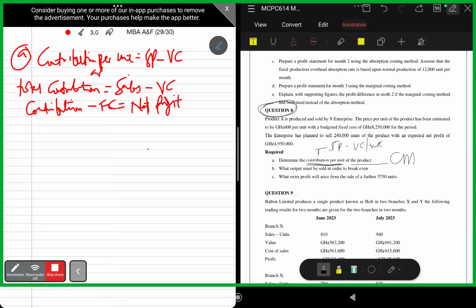So let's proceed. So what must we do now? The contribution per unit. Which of the formulas were we given? Which of the three different kinds of formula I've given with respect to computing the contribution is reflected in the case study?